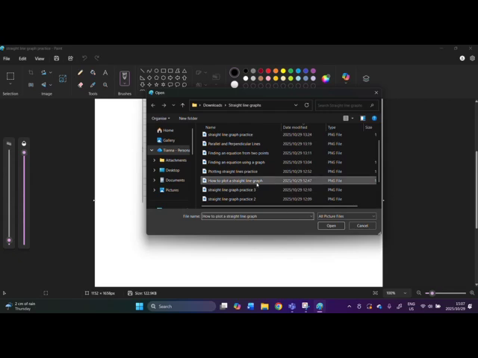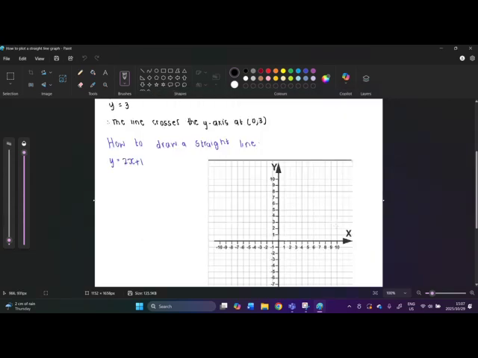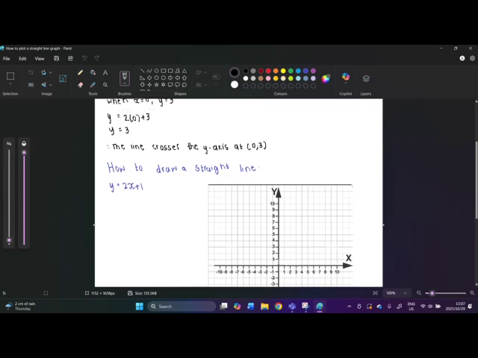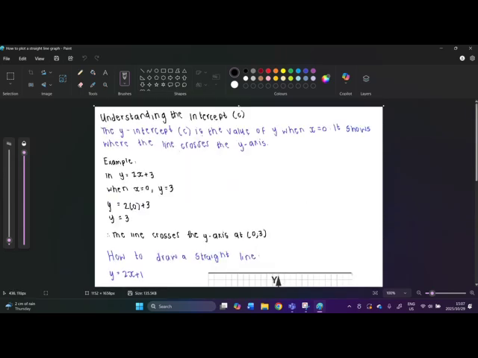Okay, how to plot a straight line graph. This is where we are going to start from today. Understanding the intercept, which is c, right? So c represents our y-intercept, which is the value of y when x equals 0. It shows where the line crosses the y-axis.